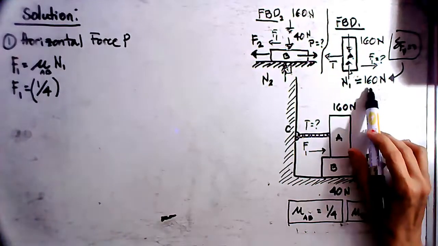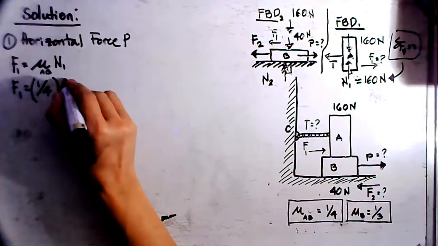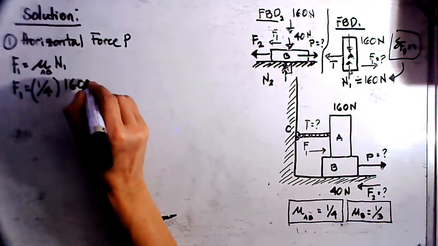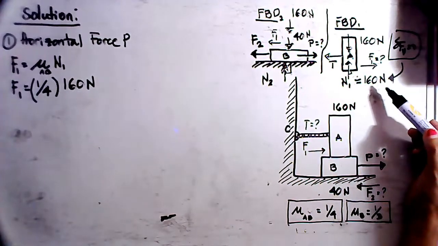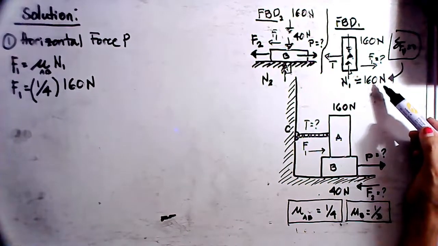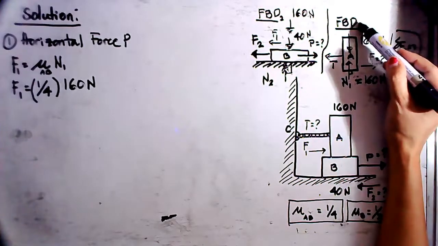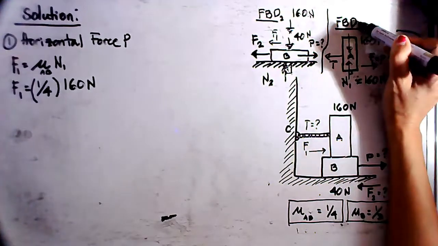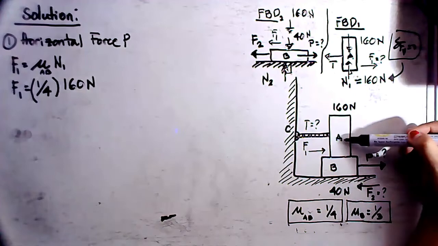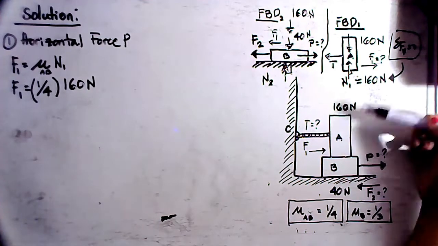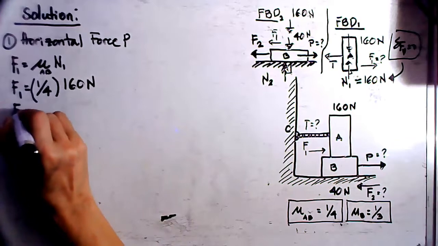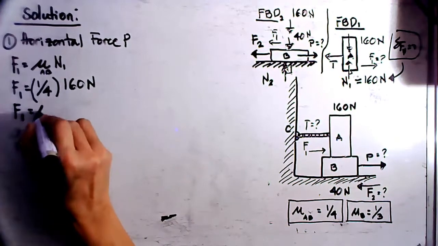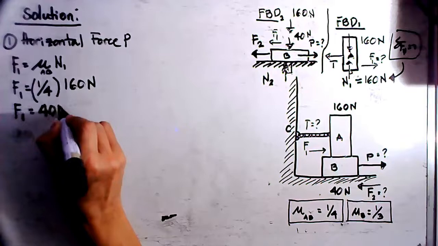And the normal force here is 160 Newton. The 160 Newton was taken from the summation of vertical forces using the free body diagram for block A. Then you would have 160 Newton times 1/4. F sub 1 is simply equal to 40 Newton.